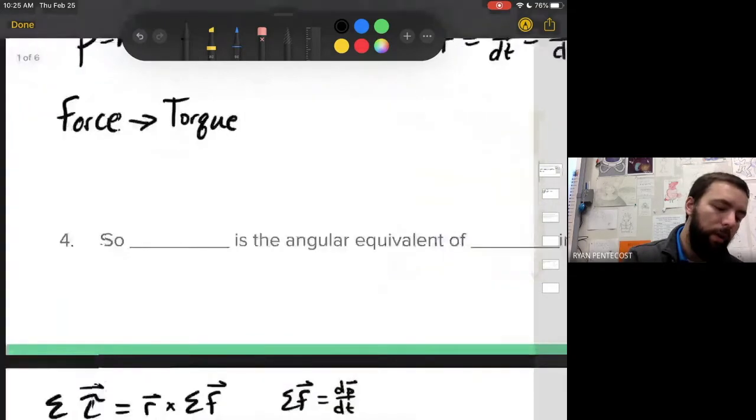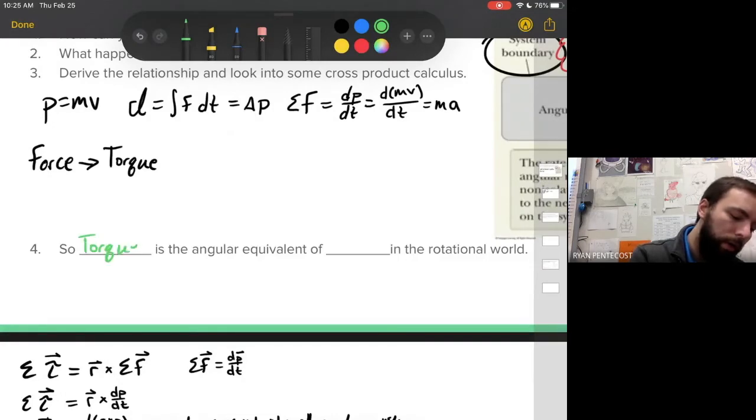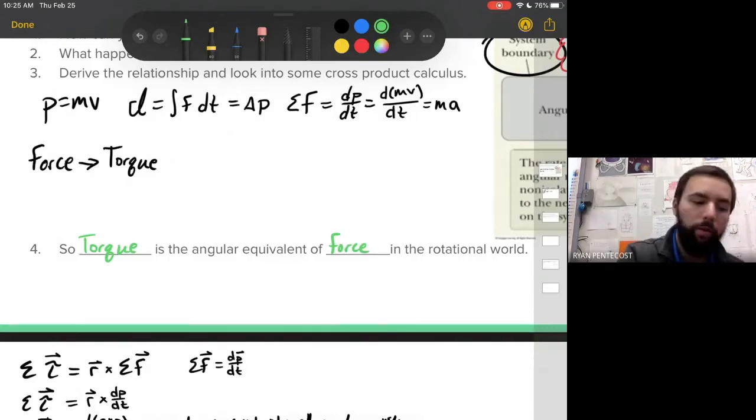Now, then we have this statement. Blank is the angular equivalent of blank in the rotational world. The major answer I want to show is that torque is the angular equivalent of force in the rotational world.